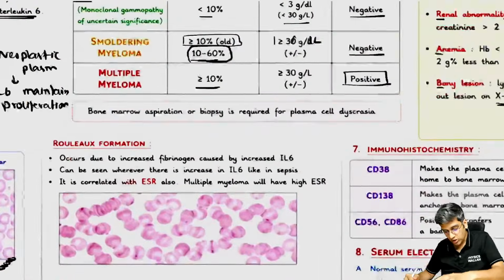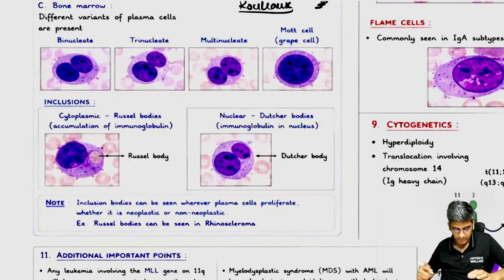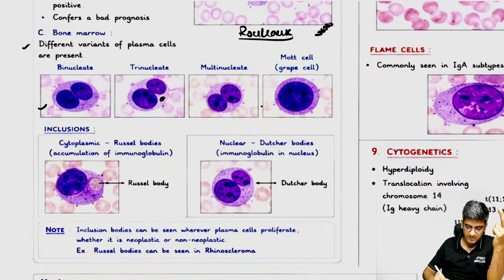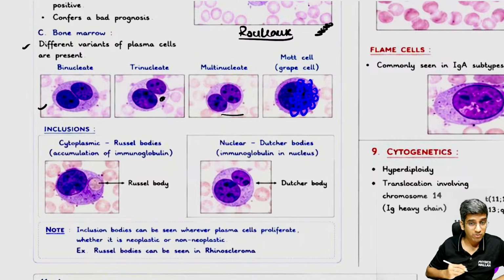But if they ask what will be the bone marrow findings, we should be ready to answer about the bone marrow findings as well. I can have normal plasma cells. I can have binucleate, trinucleate, multinucleate plasma cells, right? This is not the exact Mott cell. A Mott cell will have lots and lots of grape-like clusters in the cytoplasm. You can have a Mott cell.